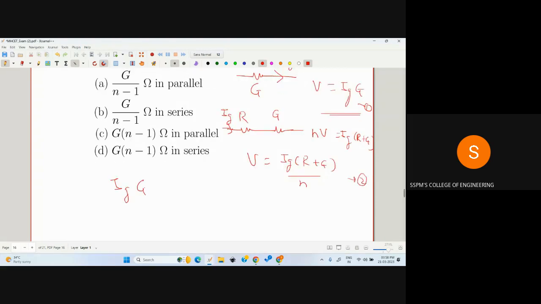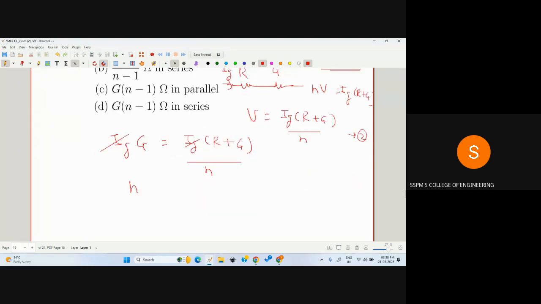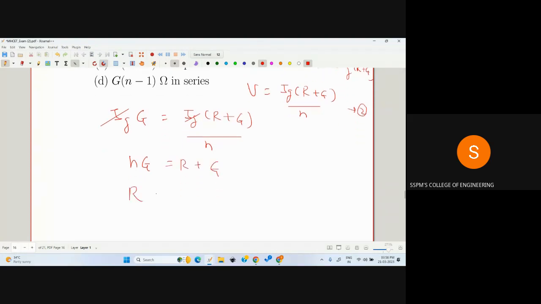It will become Ig into G is equal to Ig into R plus G divided by N. Ig from both sides will be cancelled, and the resistance becomes NG is equal to R plus G, and R is equal to NG minus G, or it will be G into N minus 1.